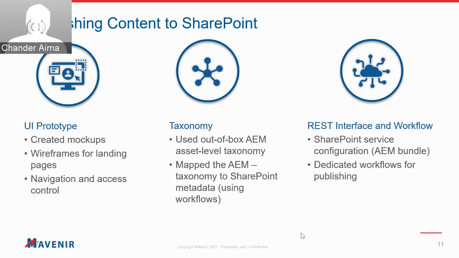This metadata that we pushed became instrumental in driving the queries on SharePoint. The workflow-based content publishing used the REST interface, and it made publishing fast and reliable. And by leveraging the out-of-the-box AEM tags taxonomy and tailoring the workflows, our content is seamlessly getting pushed to SharePoint as of today.